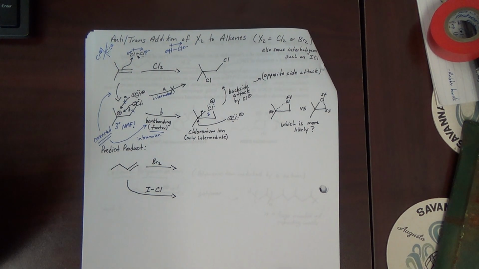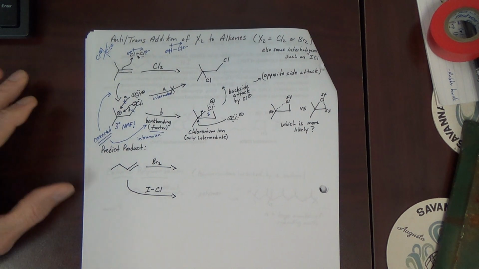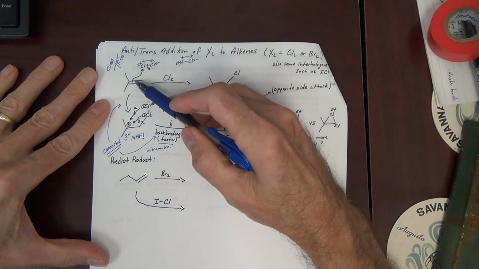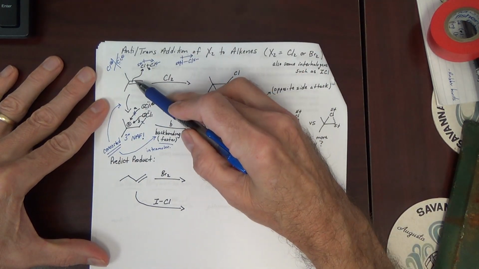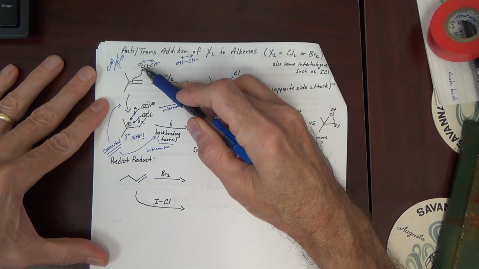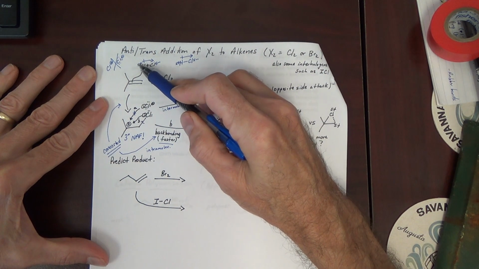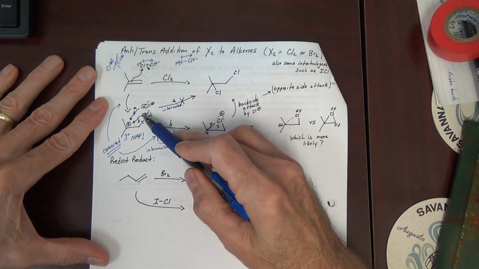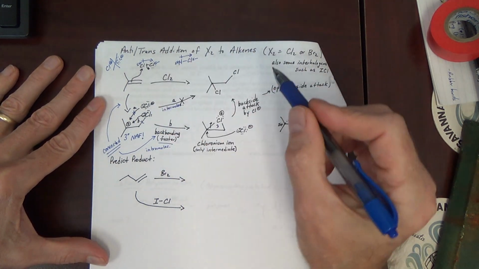That means they happen at the same exact time. That is, these electrons attack that partial positive chlorine, and at the same time, that chlorine lone pair is moving back over here to make a bond.